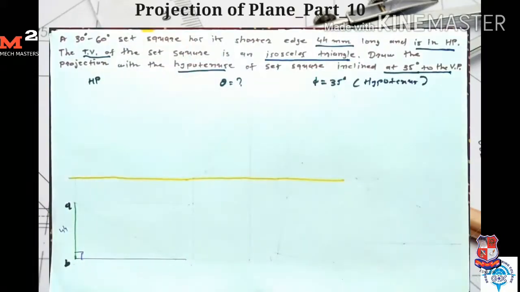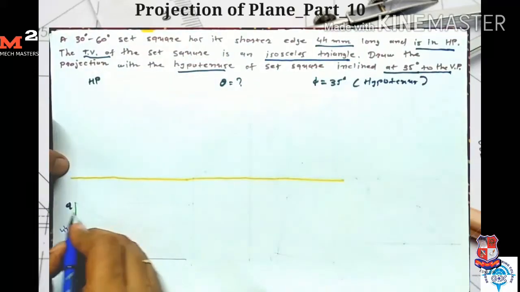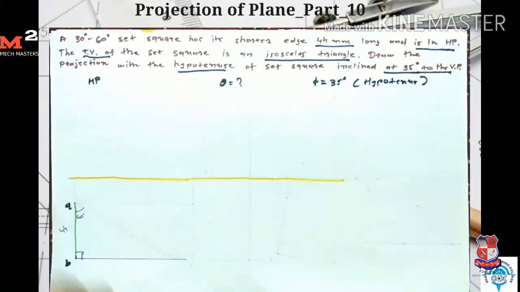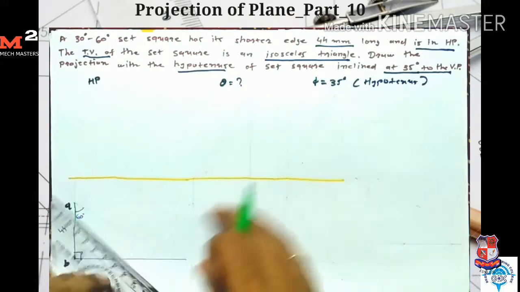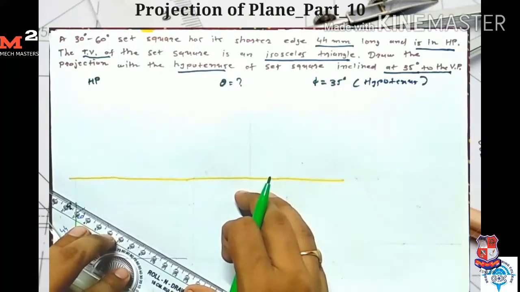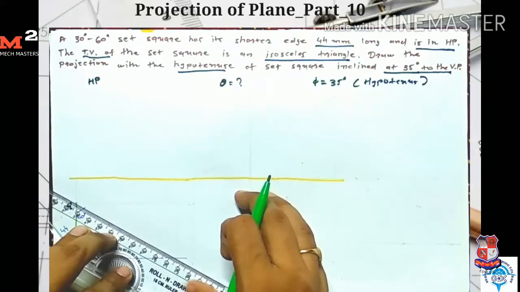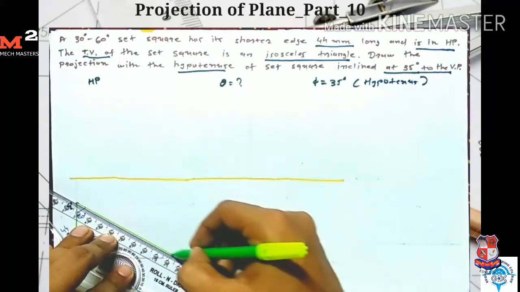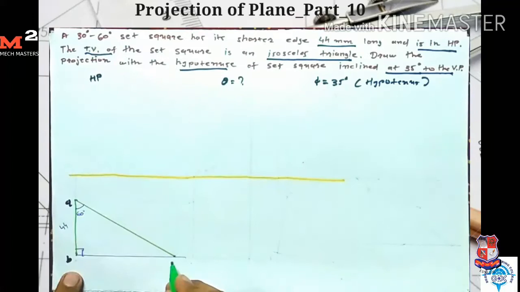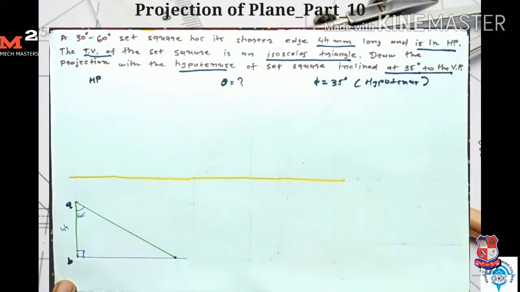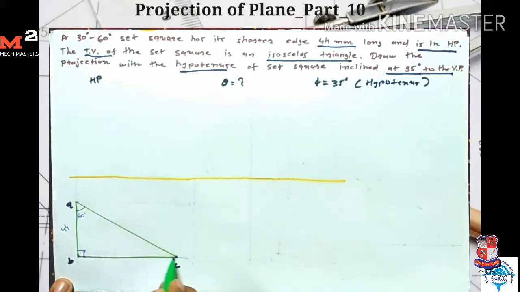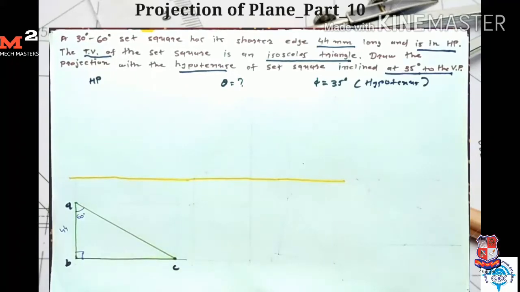So here I measure the angle 60 degree and draw one line which intersects this perpendicular line here. So here I get my point C. So after joining B and C, I get the top view for the first stage.